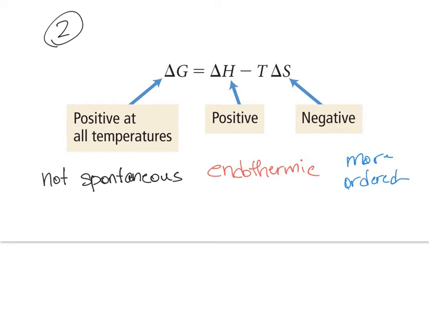Looking at an example reaction, 3 oxygen gas goes to 2 ozone, O3 gas. Delta H for this reaction is equal to positive 285.4 kilojoules.